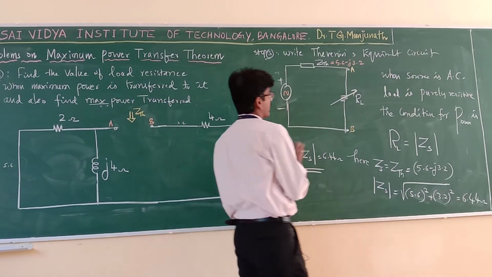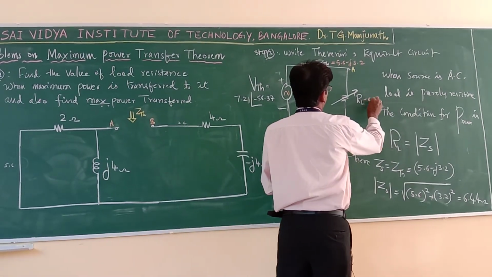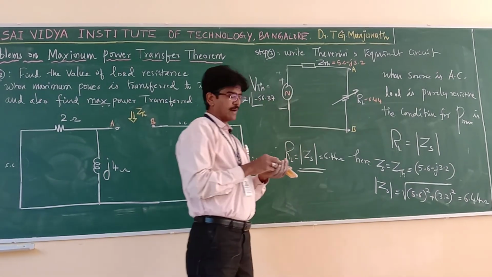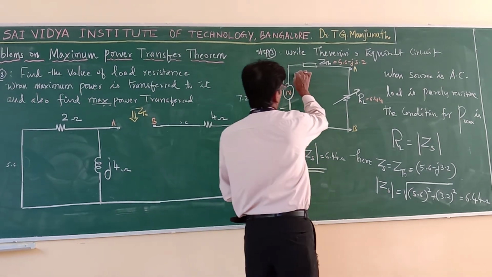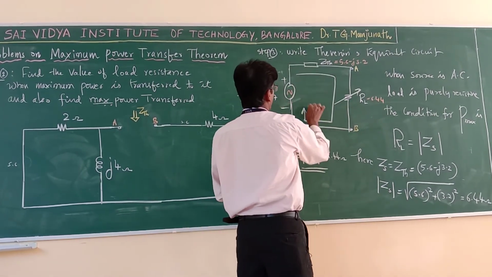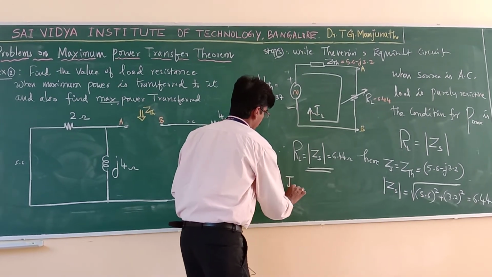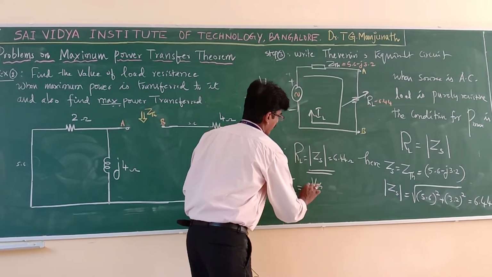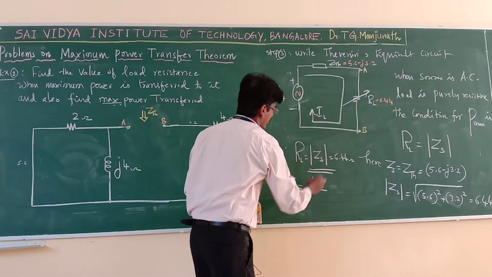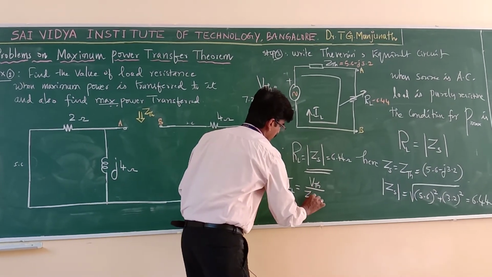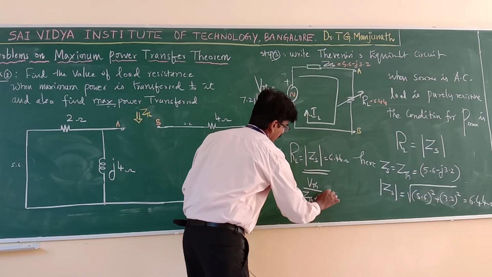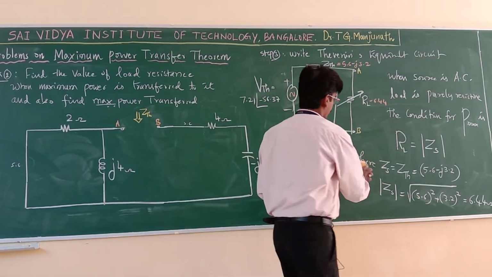So after getting this value, that is 6.44, I should find the power also. To find the power, take the load current. So what is the load current? IL is equal to V Thevenin divided by Z Thevenin plus RL.